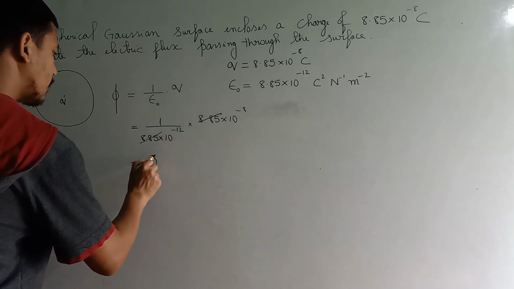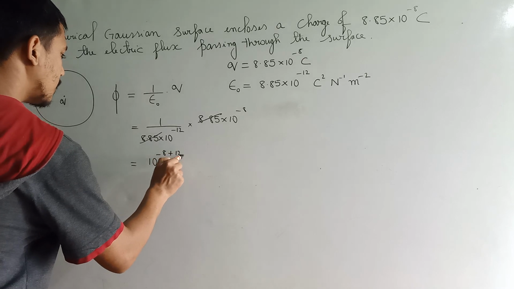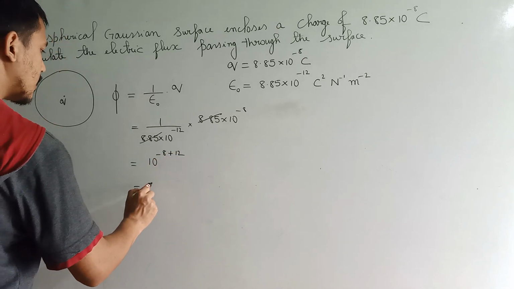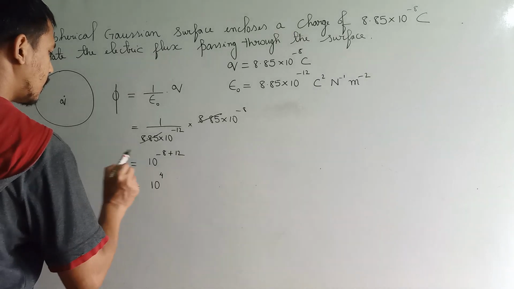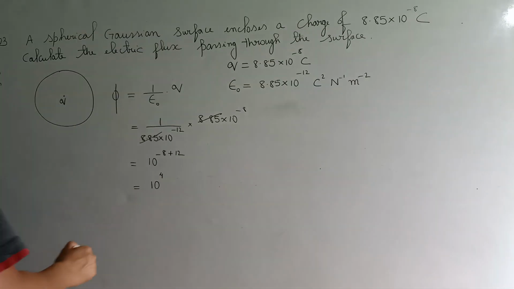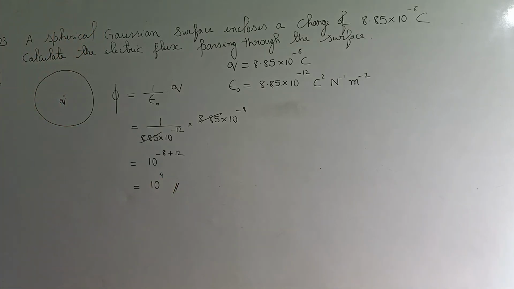So we have 10 to the power minus 8 plus 12. So the electric flux will be 10 to the power 4. Is it okay? Yeah, units. I think that's it. No?